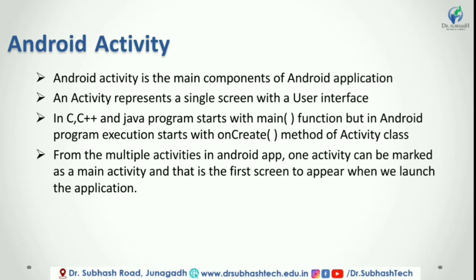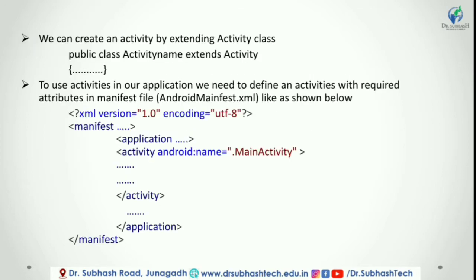To use activities in an application, we need to register those activities in our app's manifest file, the AndroidManifest.xml file, and need to manage the activity lifecycle properly. We can create an activity by extending the activity class: public class ActivityName extends Activity.